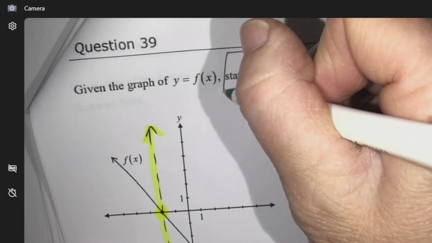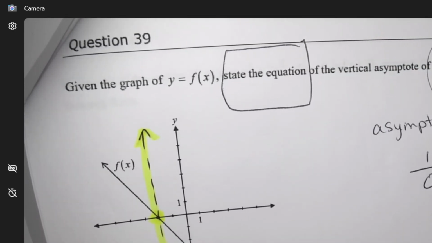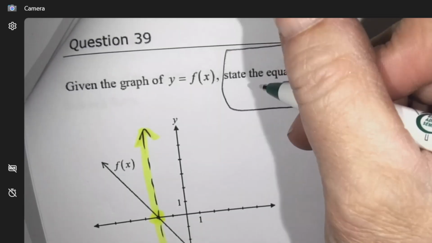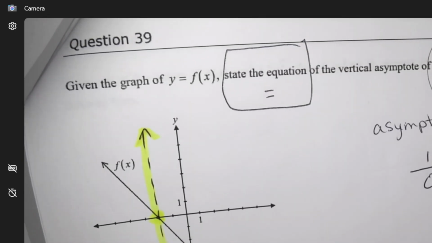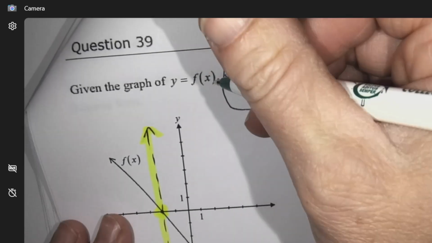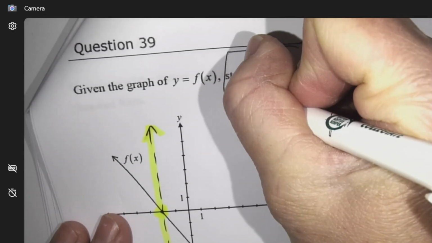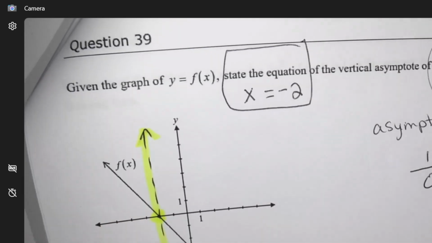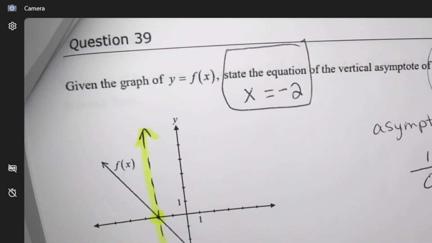And it says state the equation, so you need something equal to something. So how do you write it as an equation? What's this line on a graph? How do you make up and down lines? x equals or y equals? x equals -2.